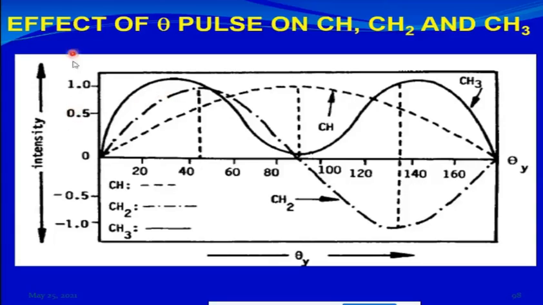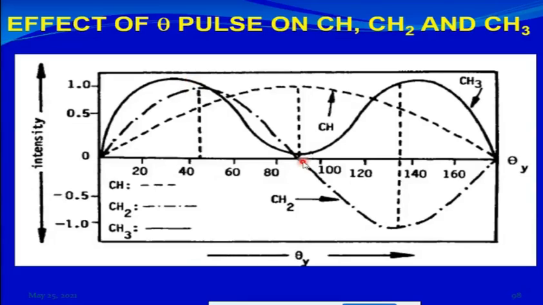You can see the intensity is positive, and below zero it is a negative intensity signal, right? So if you give a 45-degree pulse, that is the theta pulse, CH, CH2, and CH3, they all will have positive signals. And this experiment is known as DEPT 45. So in DEPT 45 experiment, you will see positive signals for CH, CH2, and CH3, right?